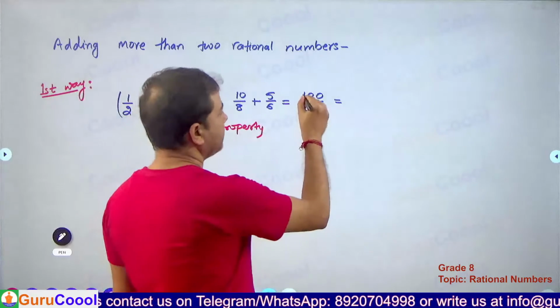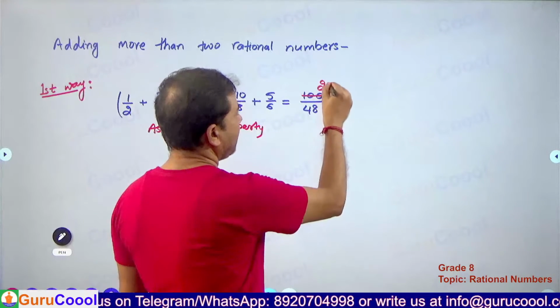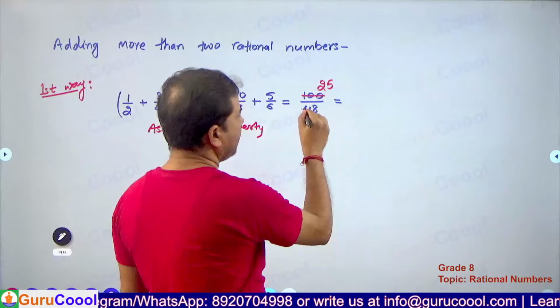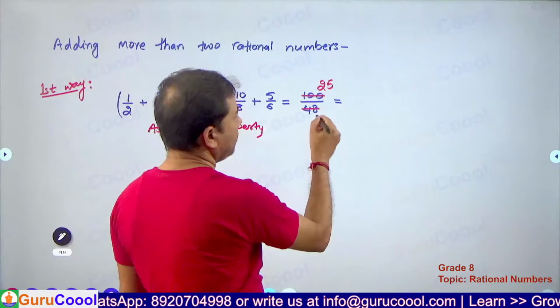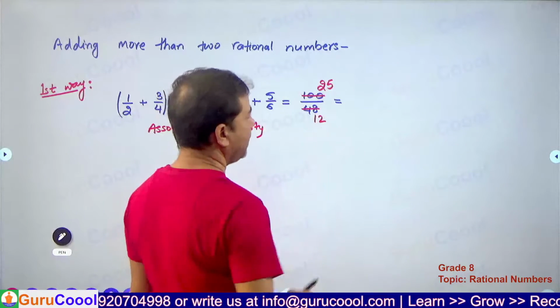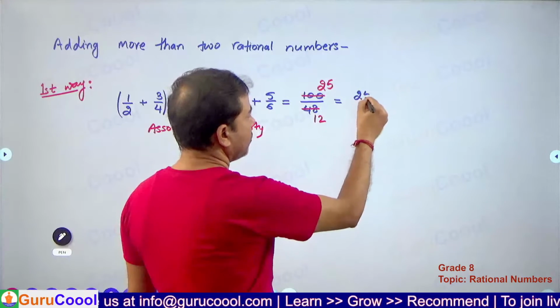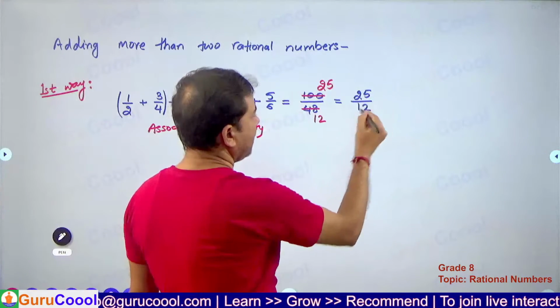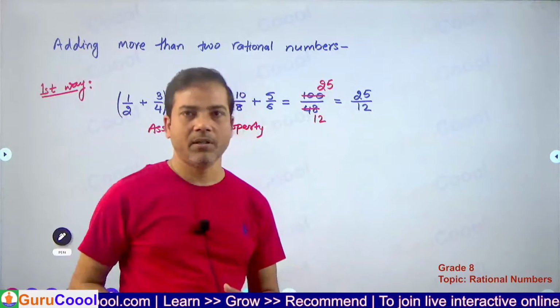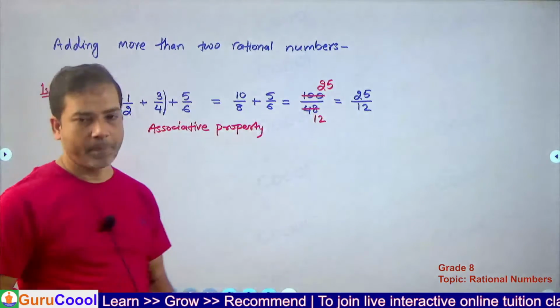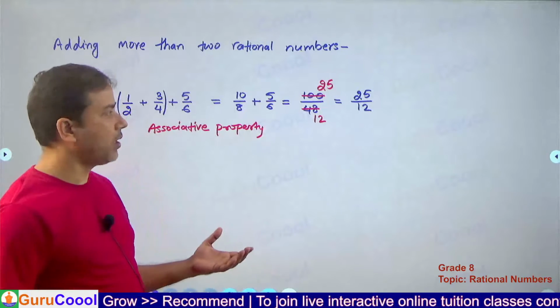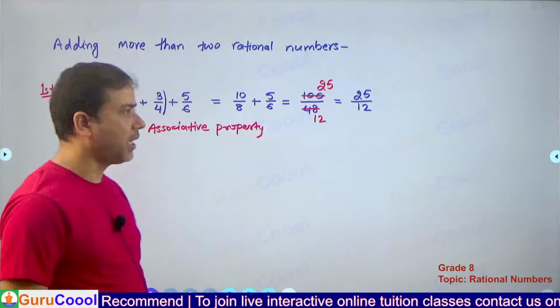By 4: 25 in the numerator, and in the denominator 4 12s are 48, right? Yes, sir. So 25 by 12. If you cancel out by the bigger number, you will do it quickly. If you cancel it by a smaller number, you have to invest much more time.